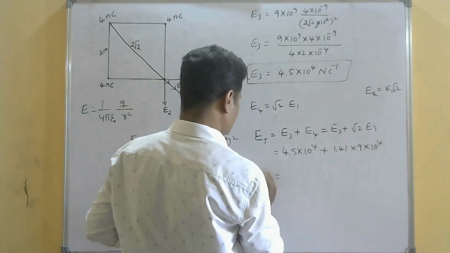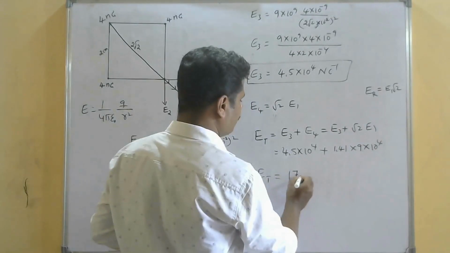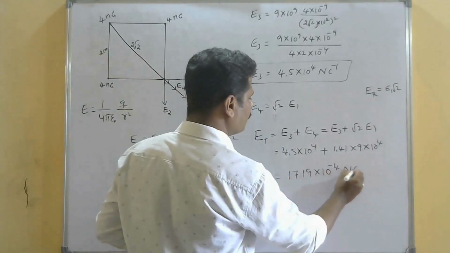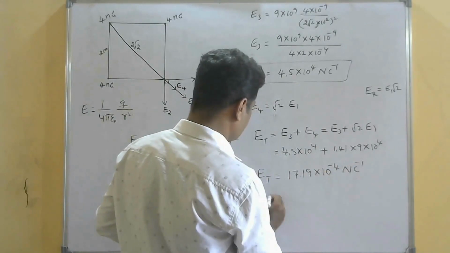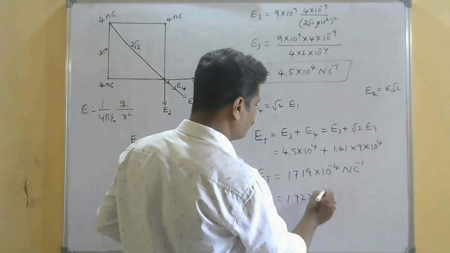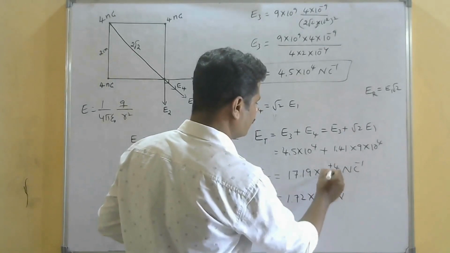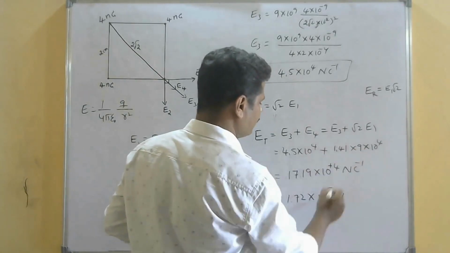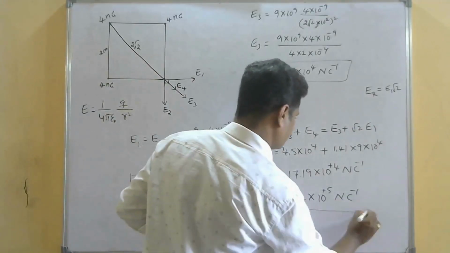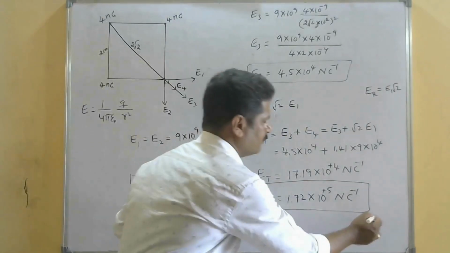So we will get the total electric field at the fourth corner as 17.19 into 10 to the power of 4 Newton per coulomb. Or else we can take 1.72 into 10 to the power of 5 Newton per coulomb. This is the answer.